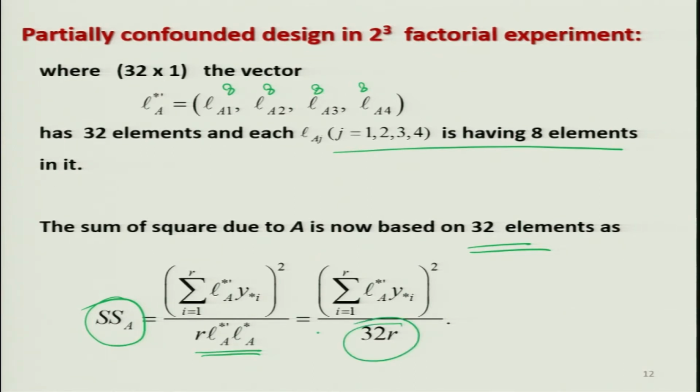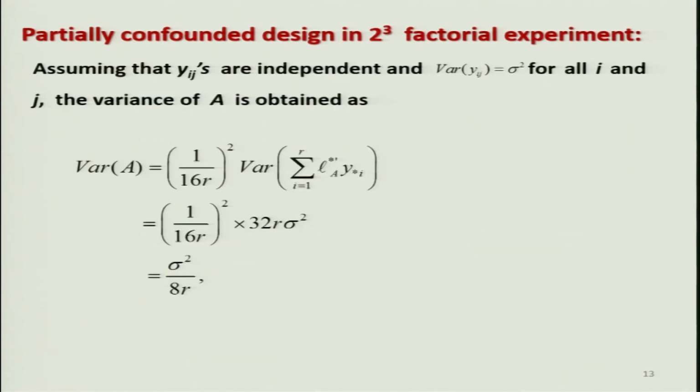So, now you have obtained the effect and the sum of squares for the case when an effect is not confounded, and similarly you can also find its variance, assuming that the variance of y_ij is sigma square and all y_ij's are independent, which was the usual case in any ANOVA model, right. So, you can write the variance of A as 1 upon 16R whole square into the variance of this linear function.